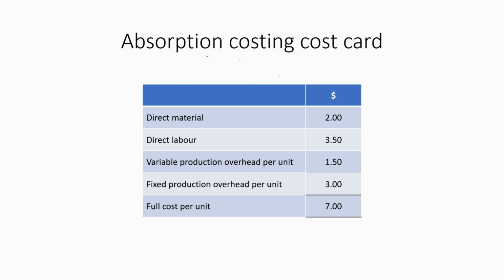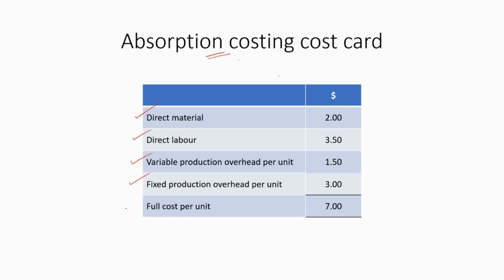This is the absorption costing cost card, which means this is the format management accountants use to calculate the total production cost per unit. This includes all the variable and fixed production costs per unit: direct material per unit, direct labor per unit, variable production overhead per unit, and fixed production overhead per unit.